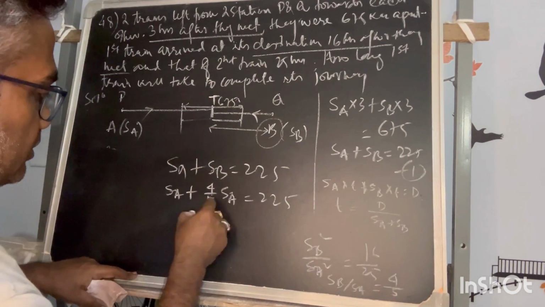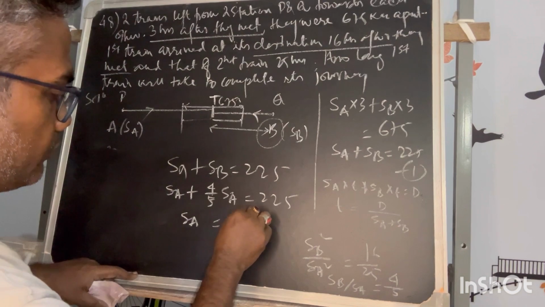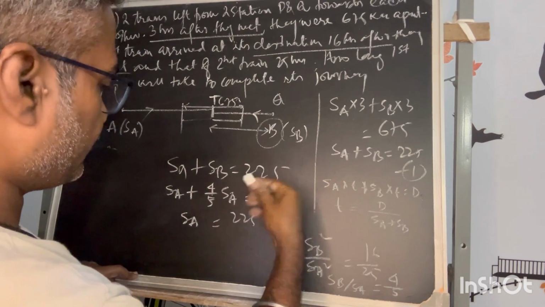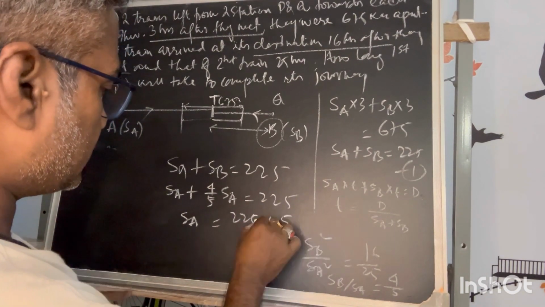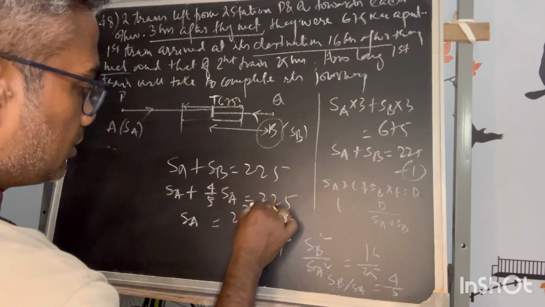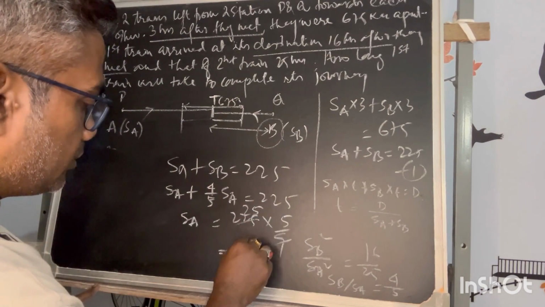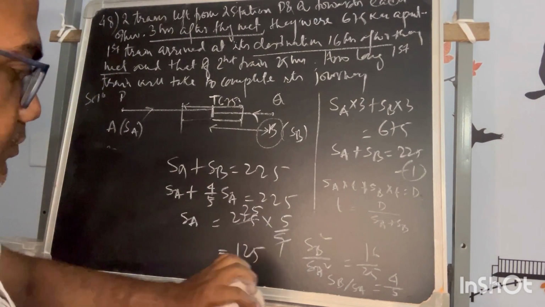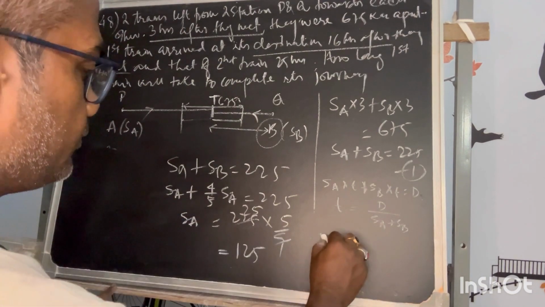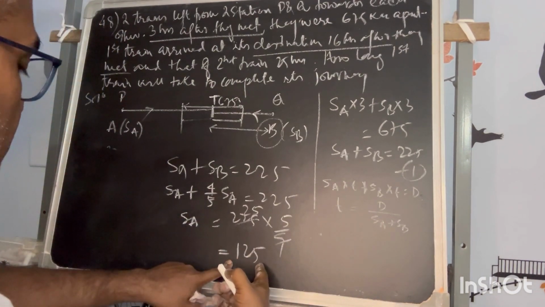So SA is equal to 9 by 5 of SA, so 225 into 5 by 9, that is equal to 125. SA is 125.